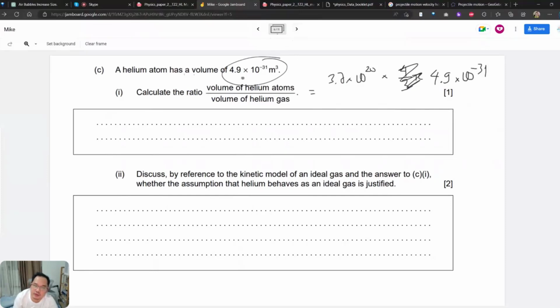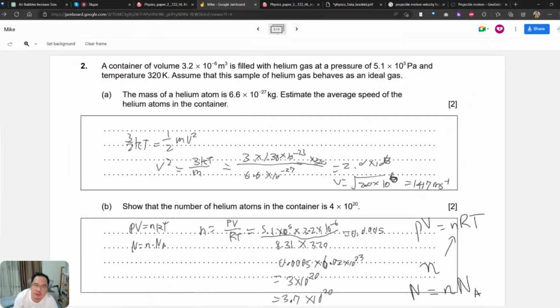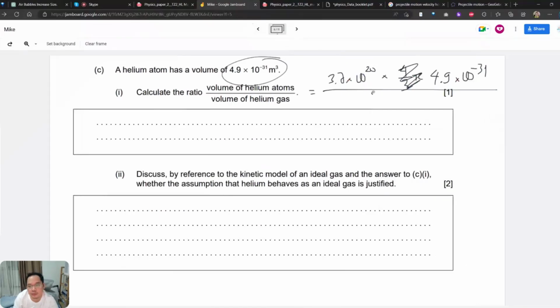Let's see the volume of all the helium atoms, 3.7 times 10 to the 20 atoms. And then divide by the volume of helium gas, which is 3.2 times 10 to the 6. This is the ratio that we need to find.